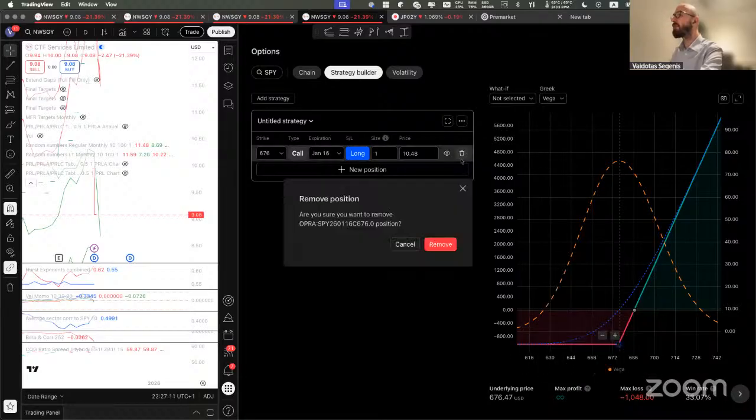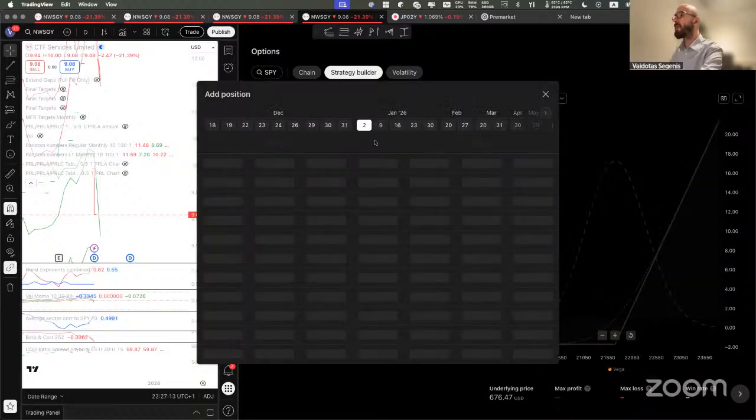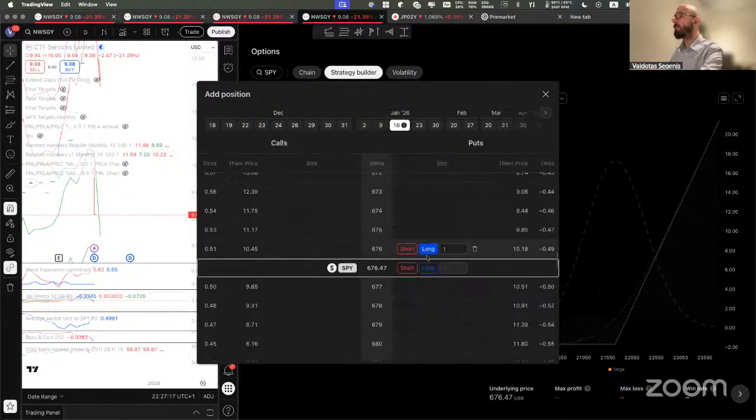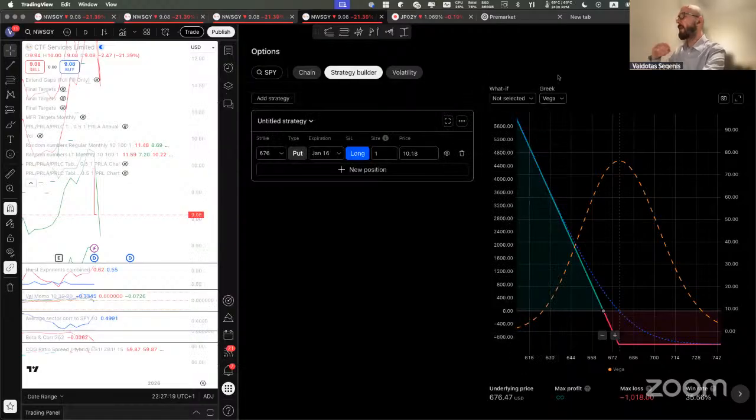So now, if instead of that we buy a put, same put, but instead of buying a call, we will buy a put. Of course, everything is the same, but in reverse. So now, if underlying is falling, you technically have unlimited upside. Of course, stock can only go to zero, but again, your risk is exactly the same as with being long calls.